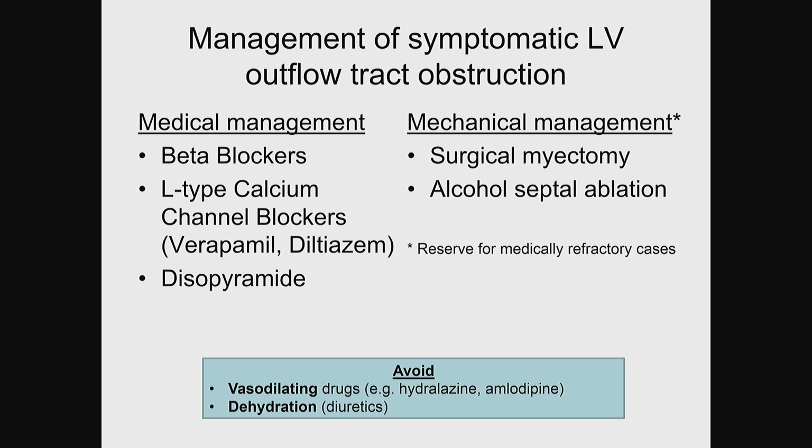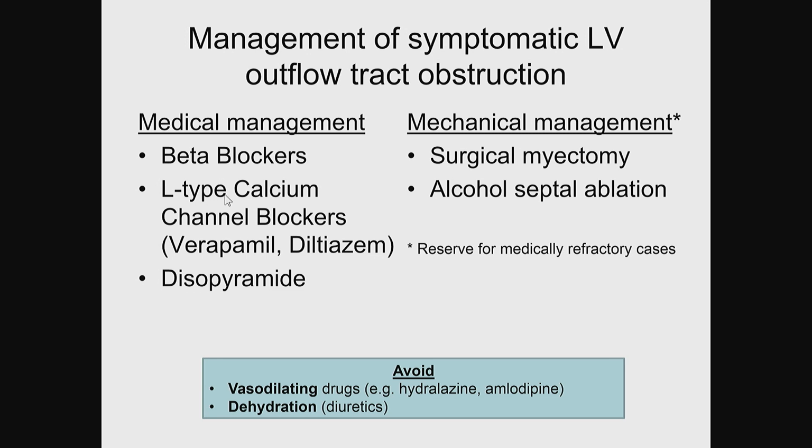While large randomized controlled studies underlying the success of this therapy strategy do not exist, the ACC and AHA consensus guidelines recommend beta blocker and calcium channel blocker therapy as first-line treatment. In particular, L-type calcium channel blockers, verapamil and diltiazem, should be used, as vasodilating drugs such as the dihydropyridines may actually exacerbate outflow tract obstruction.